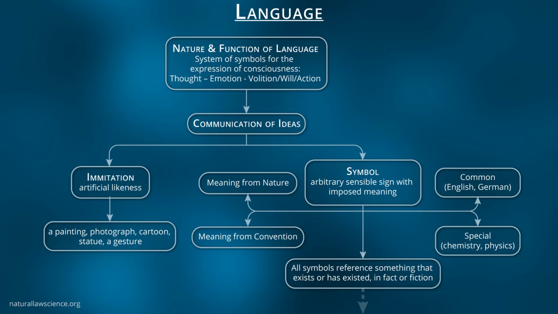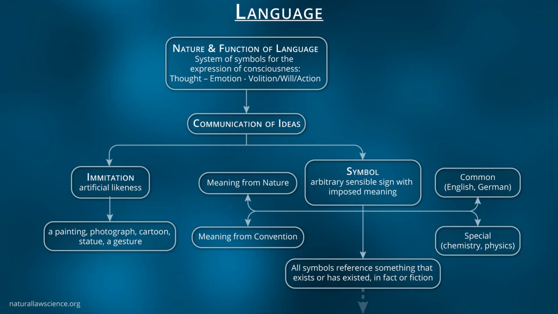An imitation, artificial likeness, it's an image. But it's not an image in our mind, it's actually an image in reality, but it imitates something that really does exist as itself. A statue is an imitation of a man. It's not a man itself. A painting isn't a landscape. The landscape itself is the landscape in nature. A painting is just a painting of a landscape.